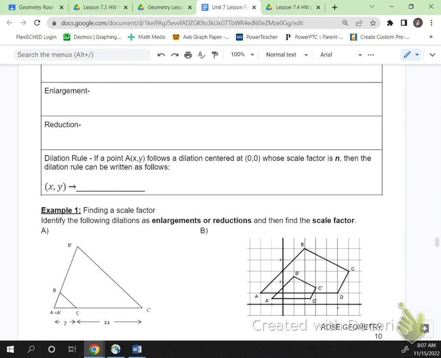The scale factor. So a number greater than 1. Greater than 1. When you're looking at this, the preimage is smaller than the image.